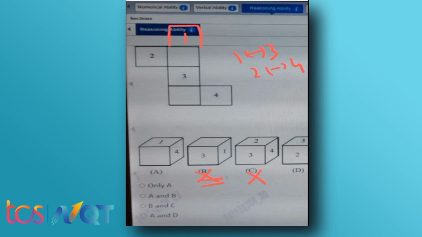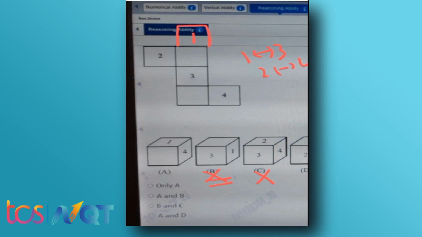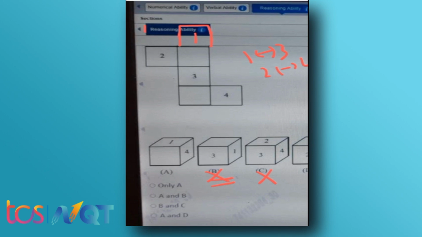In this type of problem, there is a funda of clockwise and anti-clockwise. Let me solve that. At first, let's fill this with all the 2s present in this column, and fill this with all the 4s present in this column. You have to check the clockwise and anti-clockwise rotation.